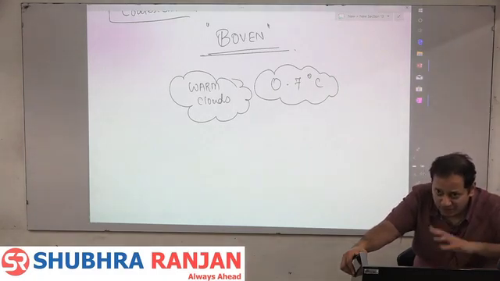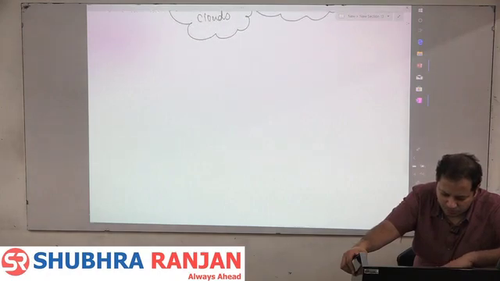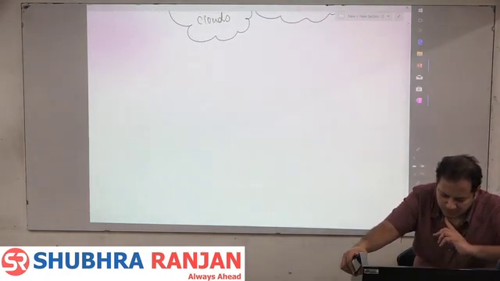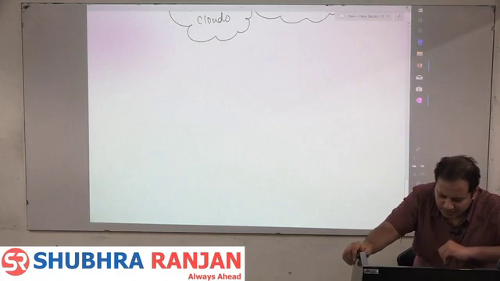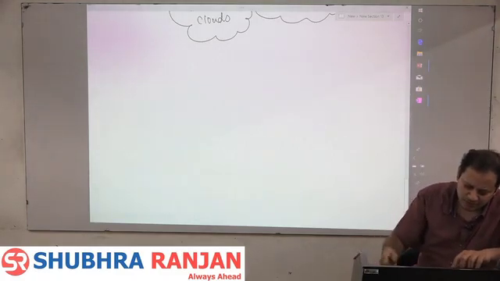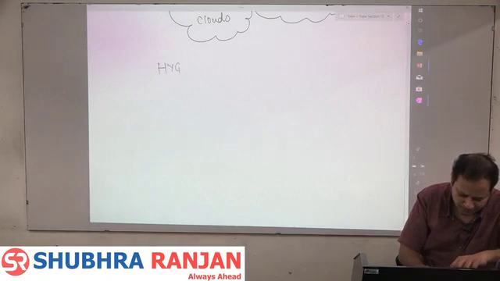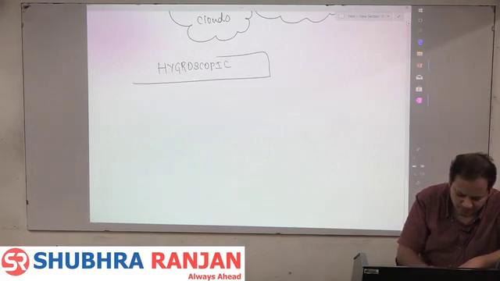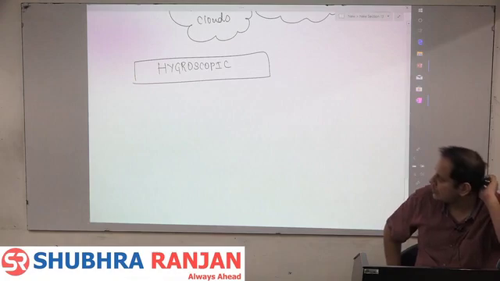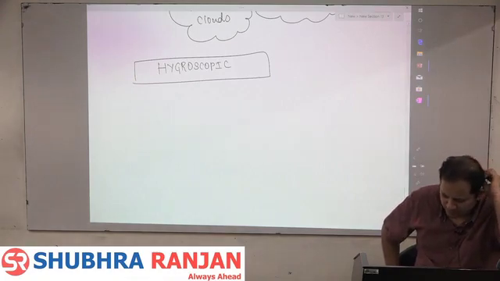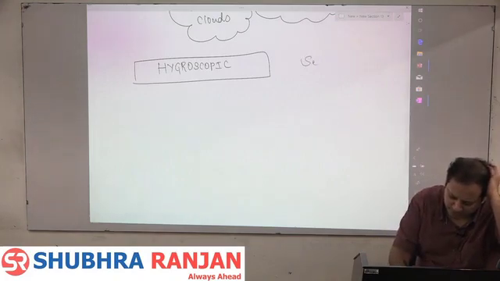Next point, as the water vapor rises upwards, they condense around hygroscopic material, such as sea salt, dust particles, pollen grains.